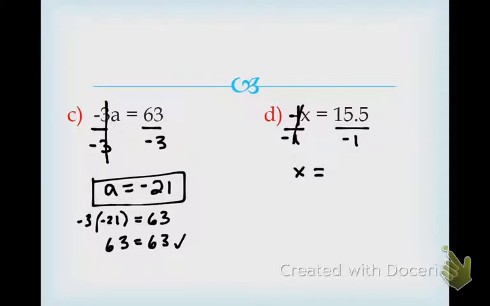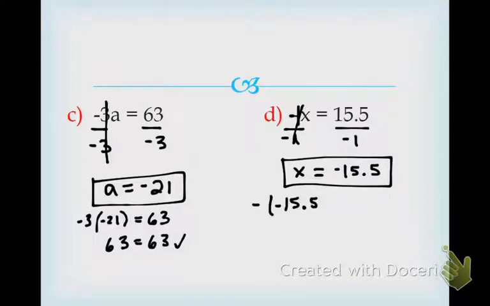Negative 15.5, because anytime you divide by one negative number, you have to keep the negative. Negative 1 times negative 15.5. That is correct. And it checked out.